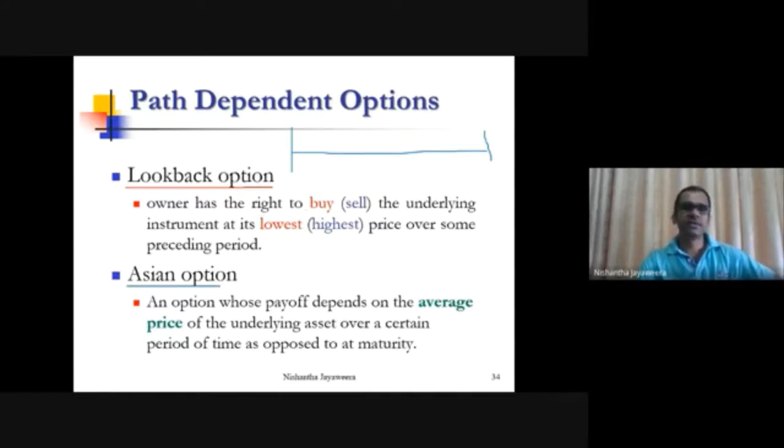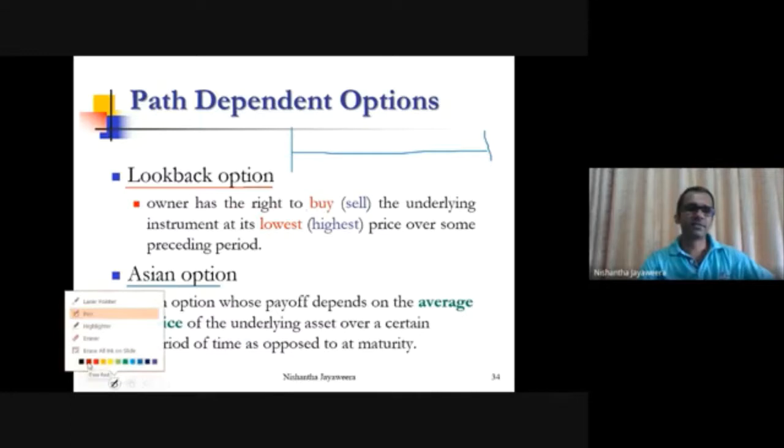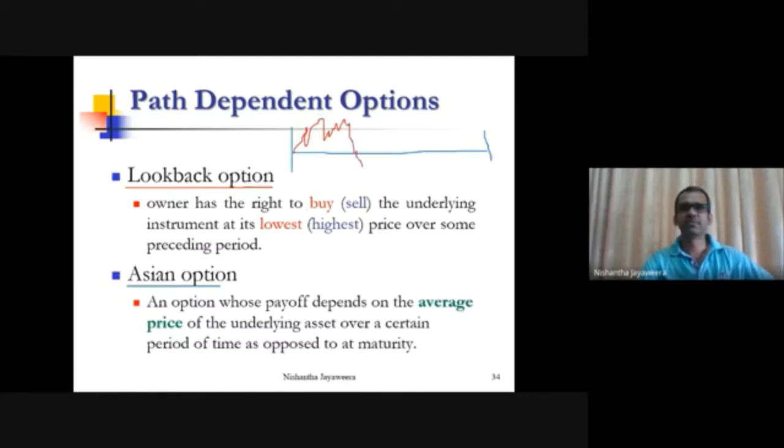So in the Asian option, again, price might have moved up and down. How to decide the strike price?